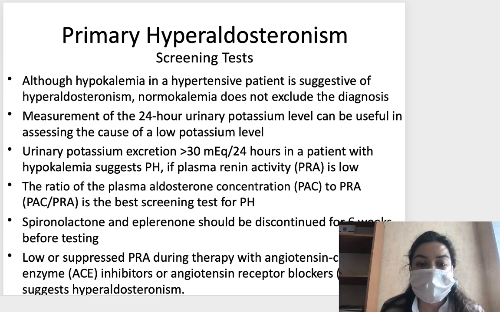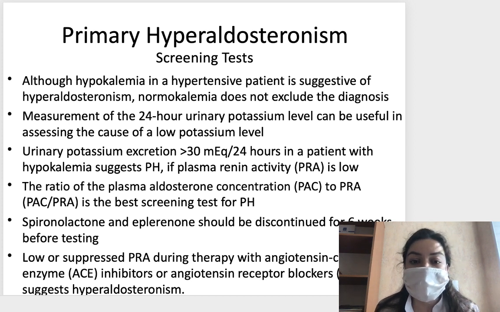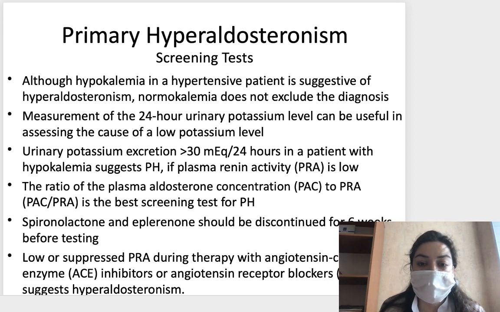Urinary potassium excretion of more than 30 per 24 hours in patients with hypokalemia suggests primary hyperaldosteronism if plasma renin activity is low.